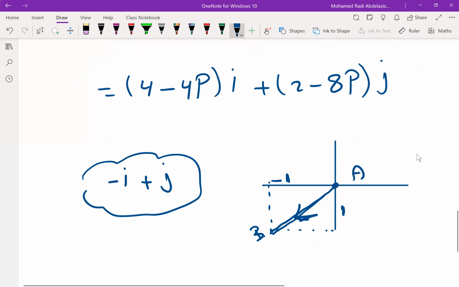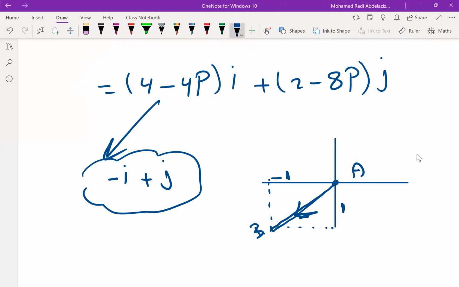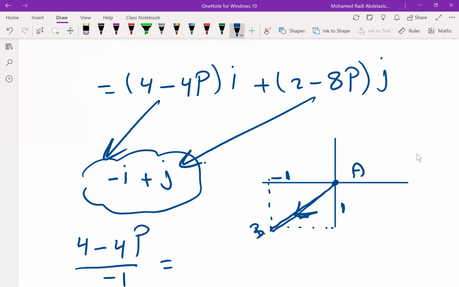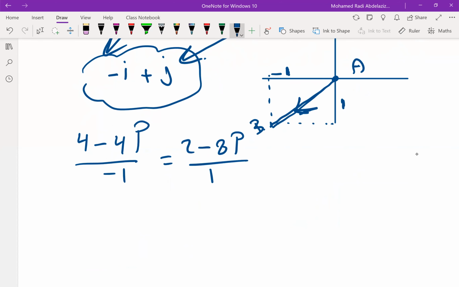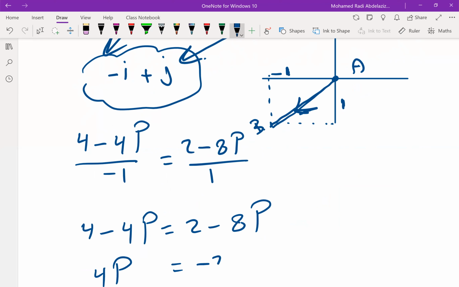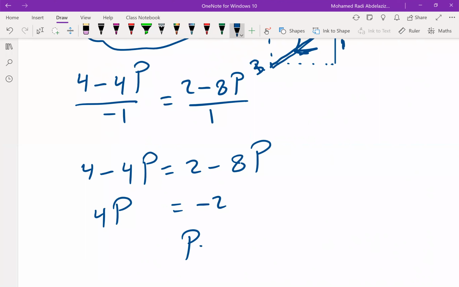Parallel means same ratio, so x over x and y over y. So 4 minus 4p divided by minus 1 is 2 minus 8p divided by 1. Use cross multiplication. 4 minus 4p is equal to 2 minus 8p. Solve this equation. 4p is equal to minus 2. So p is equal to minus half.